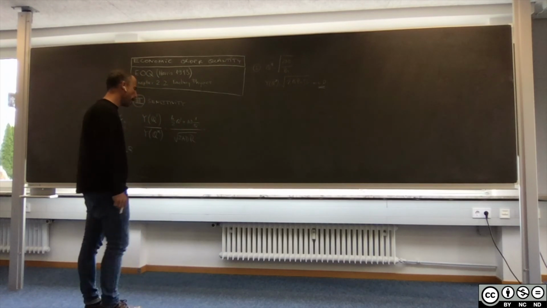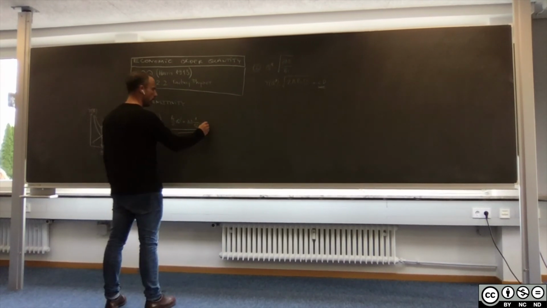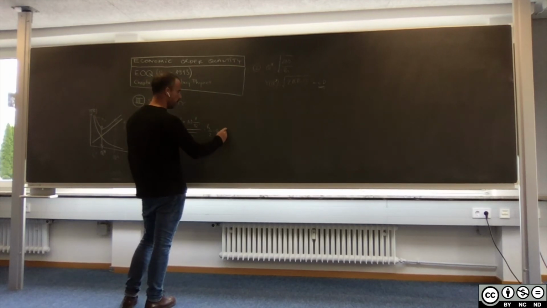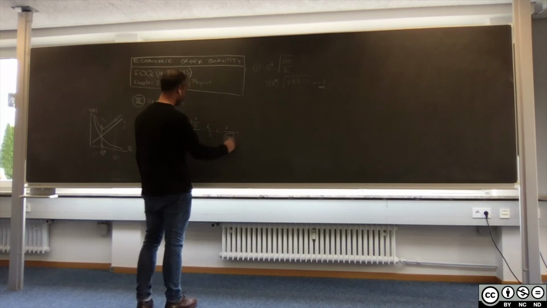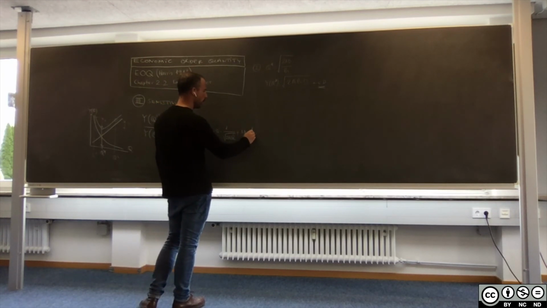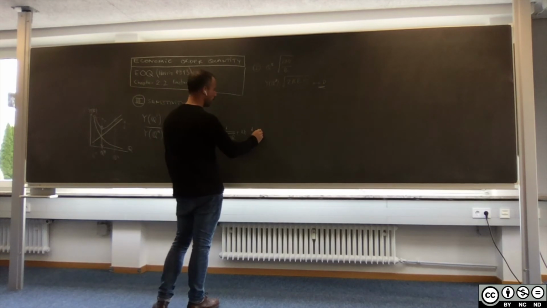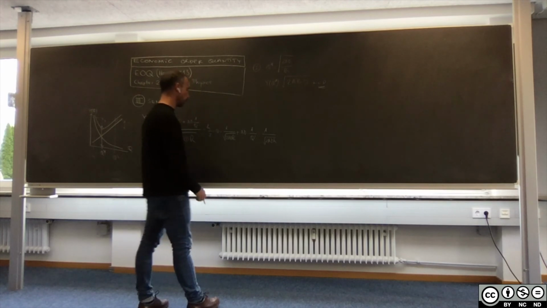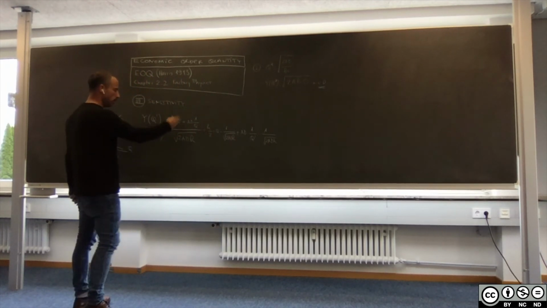Then we say H divided by 2 times Q prime times 1 divided by 2ADH plus AD times 1 divided by Q times 1 divided by 2ADH. This is just cutting this equation here.